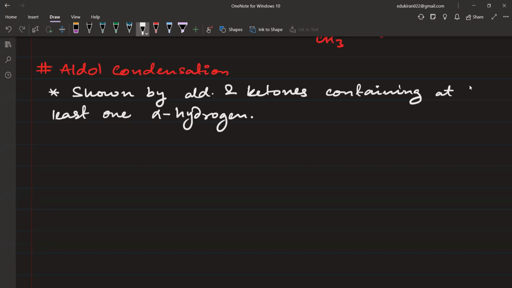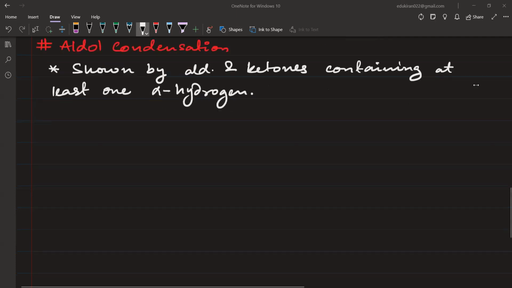Raise your hand if you don't know alpha hydrogen. Alpha hydrogen हम समझा देंगे फिर। If you know alpha hydrogen, then we can proceed. If you don't know, please raise your hand. What is alpha hydrogen? Okay, fine. All of you know what is alpha hydrogen.